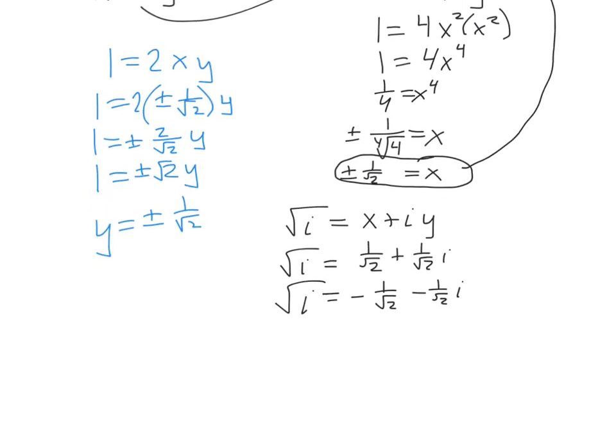And I might mention one more thought here. That means that the square root of i is actually ±(1/√2 + (1/√2)i). So we still have this idea that when we take the square root of something, we wind up with plus or minus something. And that's a neat symmetry to see.